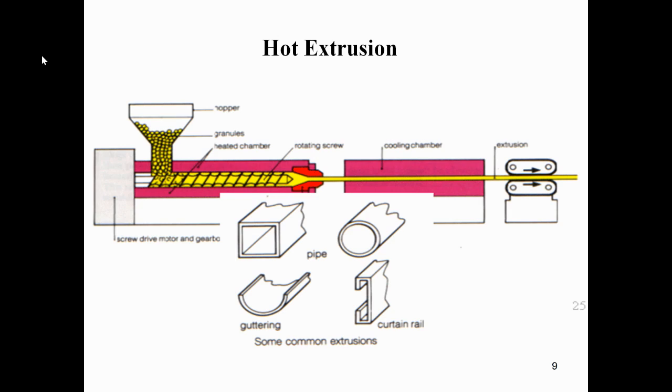Right. So this is a common diagram for a hot extrusion working process. We can see here we can produce pipes, rails, cotton rails, gutters, guttering, and some other products.